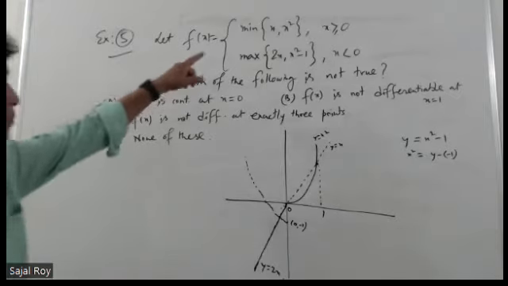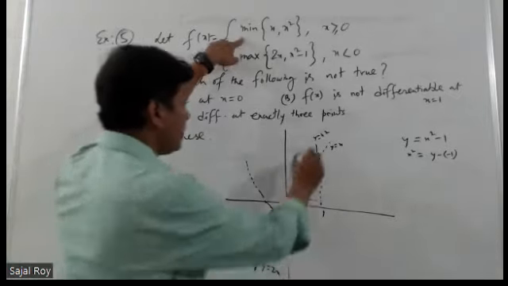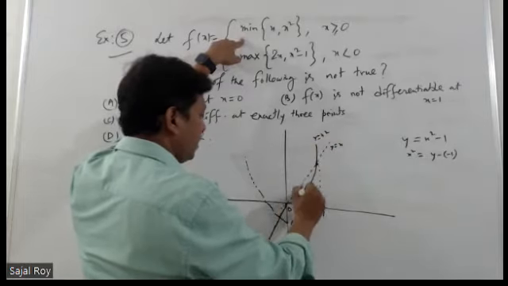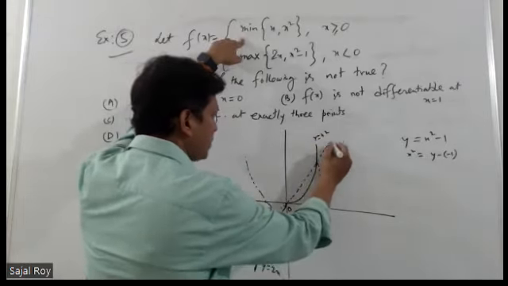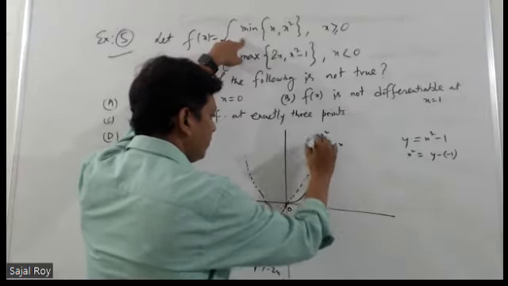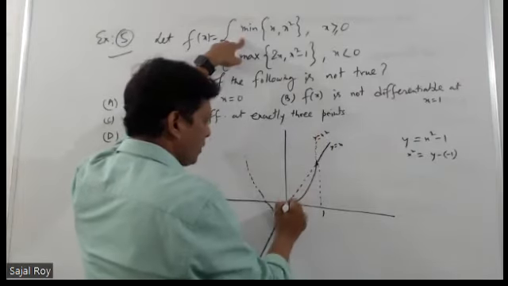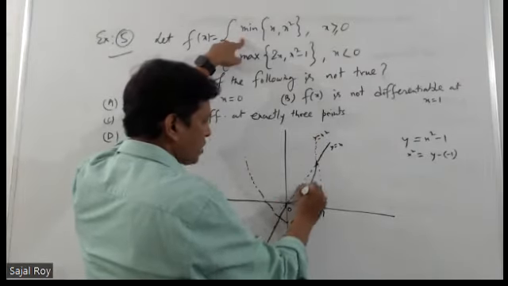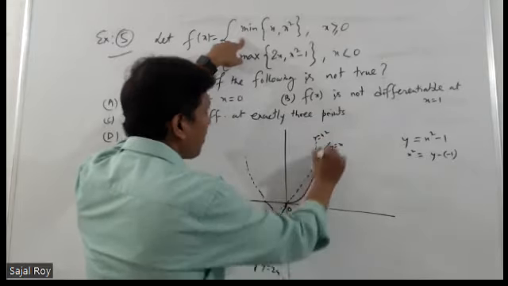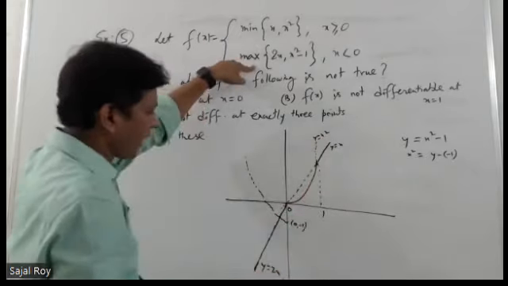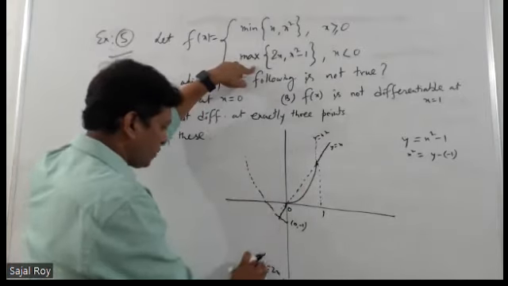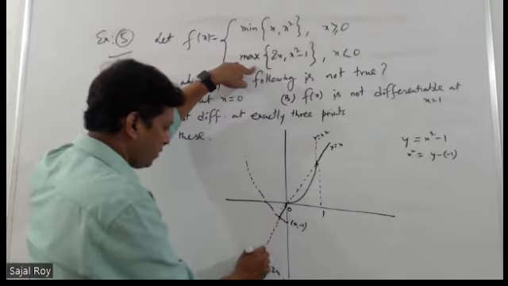Oh, you have to take the minimum of this. So if I draw the minimum, this is the lower part. Starting from 0, the curve x square, then y equal to x. This is the minimum, and in this case you have to take the maximum. Let me draw a dotted line here.